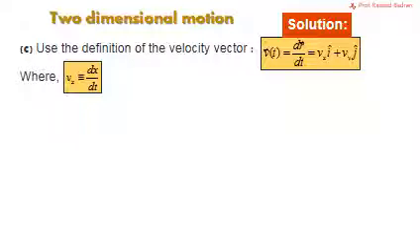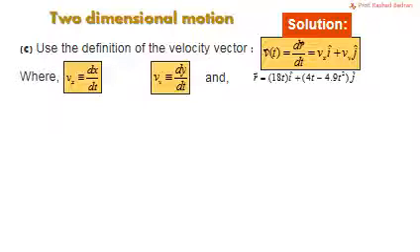Then you can do that by taking the x equation and differentiating it with respect to time in order to get the component of the velocity vector along the x-axis. Similarly, we can get the component of the velocity vector along the y-axis by taking the derivative of the y equation with respect to time.